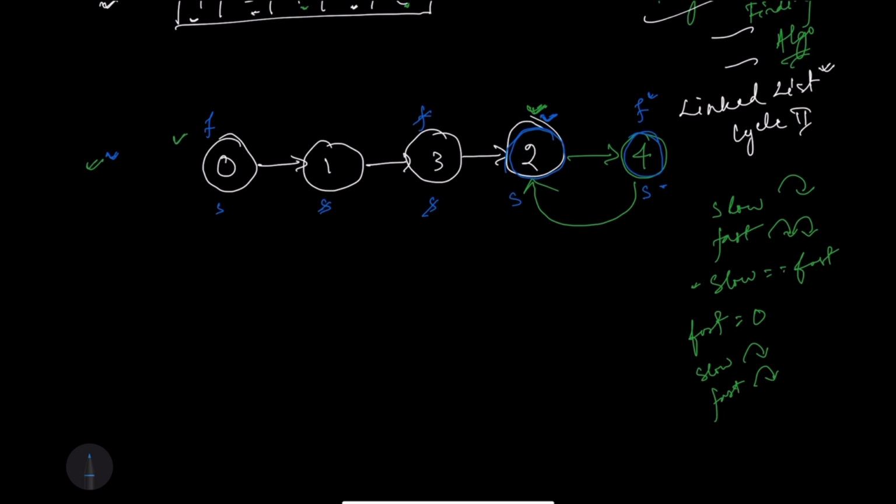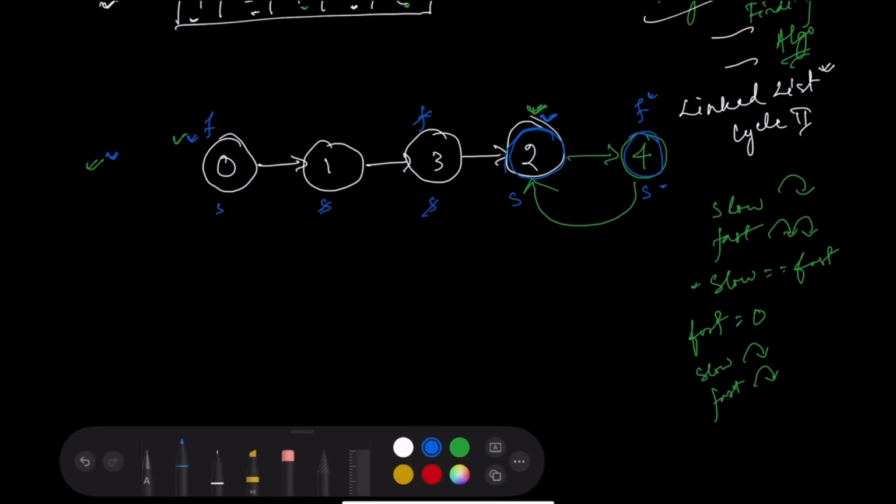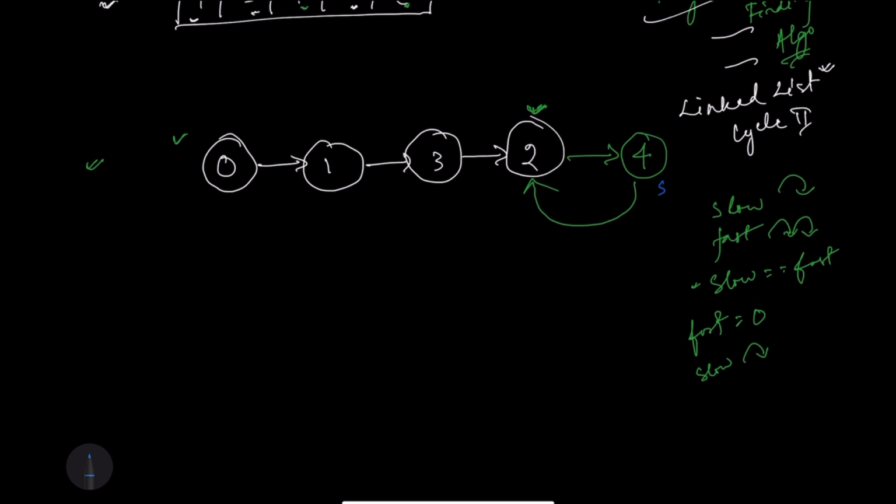After that, we would reset our pointer. Let's see how that goes. So our slow was here, and we have reset our fast to here. In the next iteration, they both will move one step each.